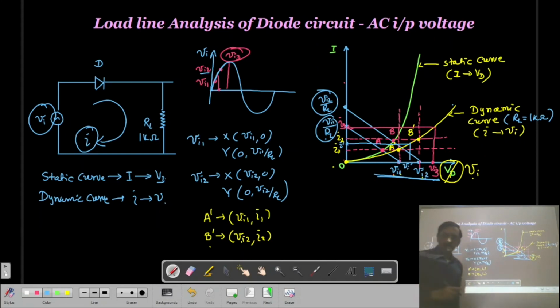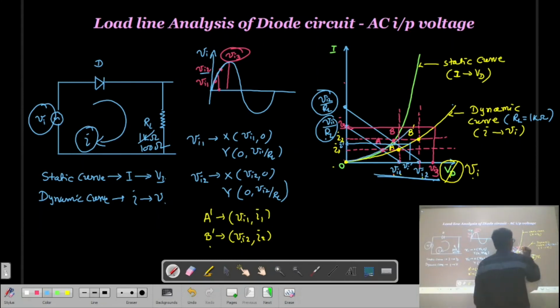Now suppose my RL, instead of 1 kilo, is 100 ohm, then you will get the dynamic curve like this. This will be for RL equal to 100 ohm.